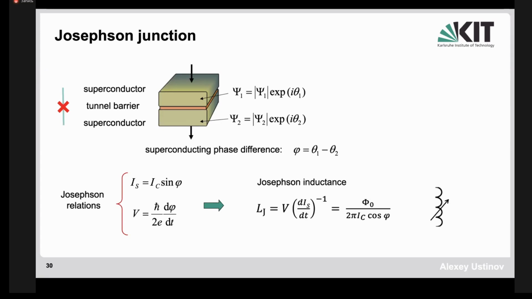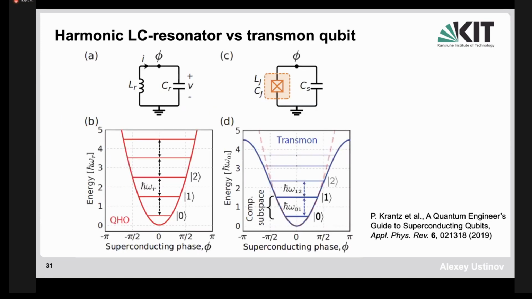But nevertheless, if you now put, instead of the linear inductor, this nonlinear inductor, then life changes. Instead of this situation, which again is a harmonic oscillator, LC circuit with parabolic potential and equidistant energy levels, as a function of phi here, which is associated with the current flow of the inductor, if you put down the Josephson junction here, then the potential becomes like this.